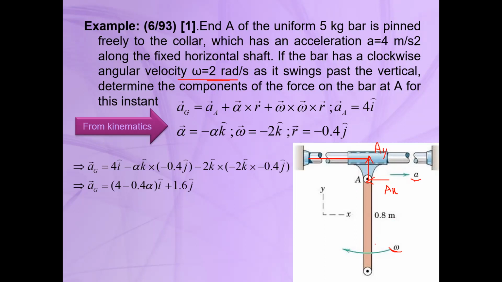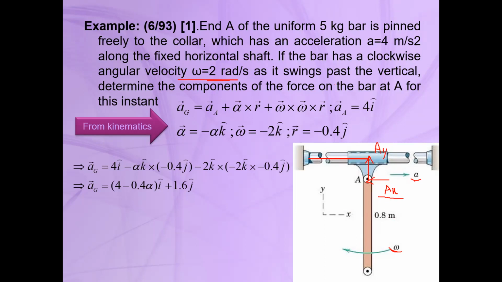Yes, so we can find AY easily, but AX, this term, if you write the force equation in X direction, since this bar is moving in a horizontal direction and it has an acceleration, it's not easy to obtain AX.